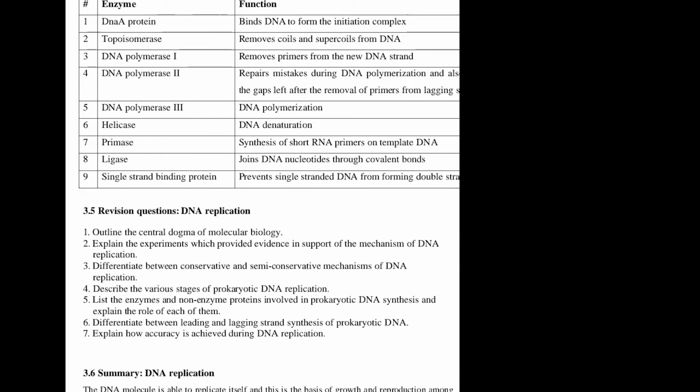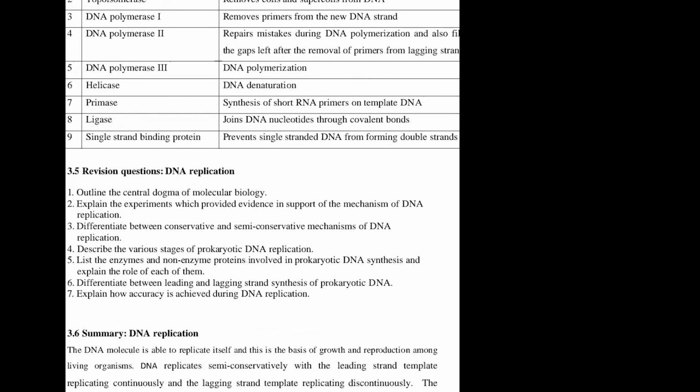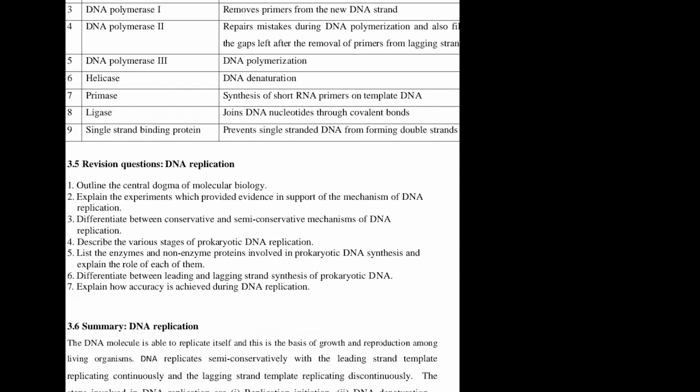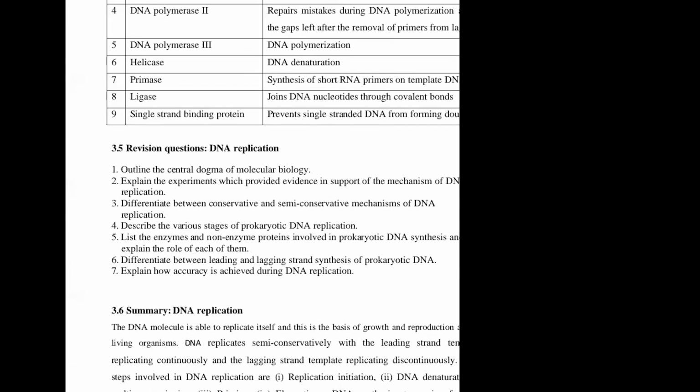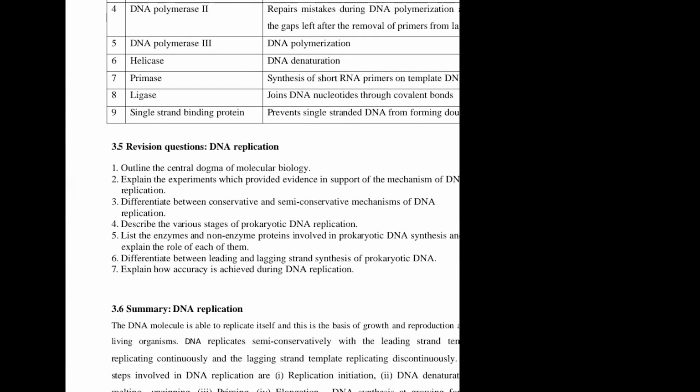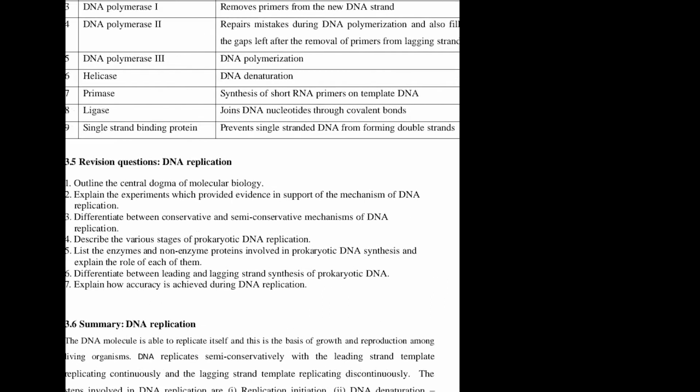Then you've got ligase enzyme, which is responsible for joining DNA nucleotides through covalent bonds, as it helps in the synthesis of the lagging strand. Then you've got the single strand binding protein. This one prevents single-stranded DNA from forming double strands.